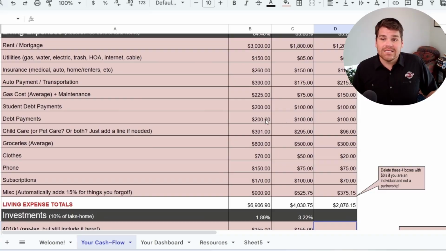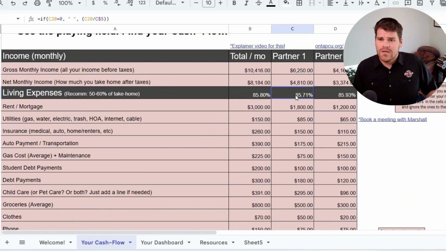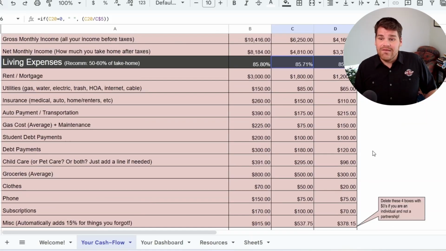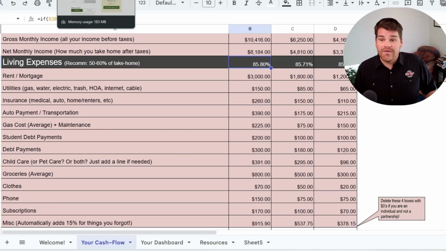So in this case, let's say that they agree that each of them are going to pay extra. Evan's going to take a little bit more on extra, about $180 a month. And Eve is going to take on, let's say, $120 a month. I'm not sure if this will keep, but this actually puts their percentages at exactly even, which is pretty fantastic. It does increase their living expenses a little bit, but that is okay as a temporary measure to be able to pay off this debt.